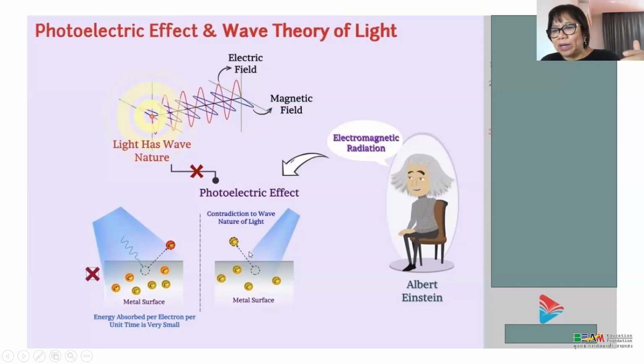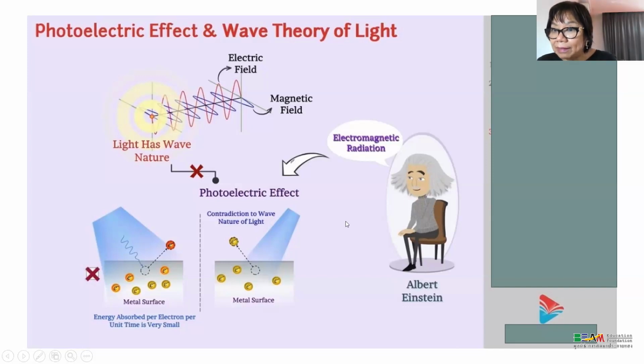That's basically solar energy. All solar panels are based on the photoelectric effect as well. The light particles give energy to the electrons in the metal, and that's why electrons come out.